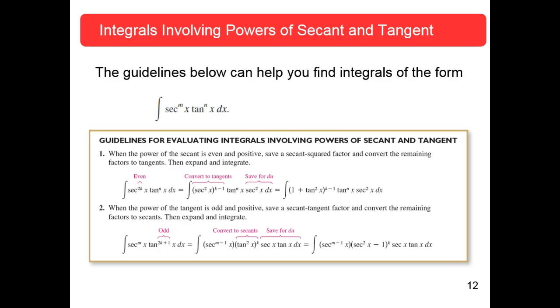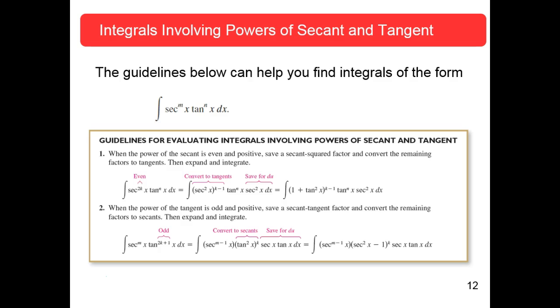Now, we'll take 2 of these away and move them down with the dx. So secant squared there. That leaves us a secant to the 2k minus 2, because we subtracted 1 off of it, or you could call that a secant squared to the k minus 1. K being some number. It doesn't have to be even or odd. It doesn't matter. Tangent we leave alone, and secant squared we have down there because that is the derivative of tangent.